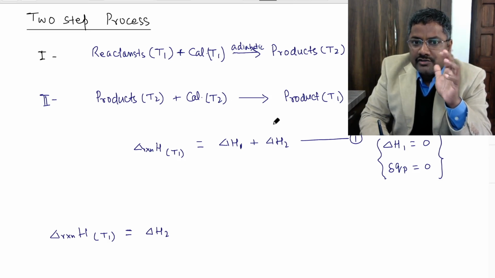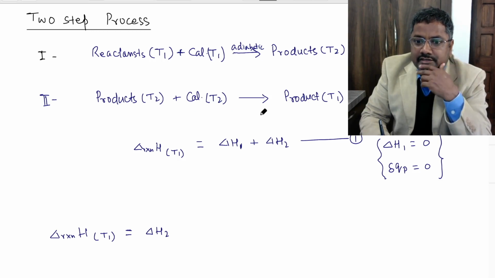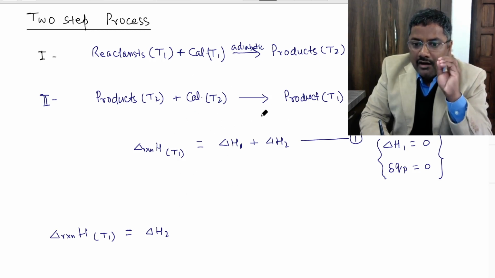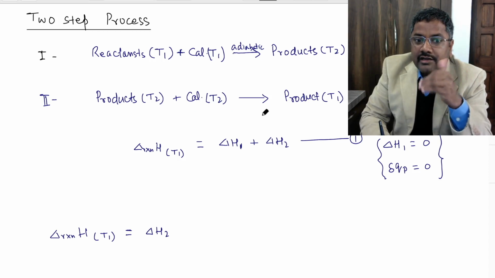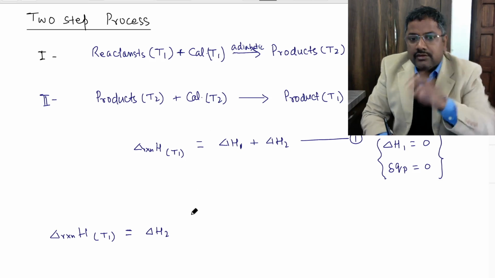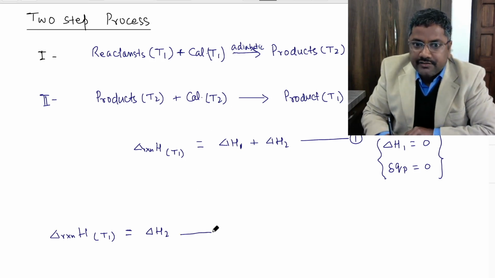So it is not correct to say this is only pure cooling. Not only cooling releases energy to the surrounding, but all those processes which involve the release of energy are included here, right? So this is equal to H2. Hopefully this is very much clear to all of you.